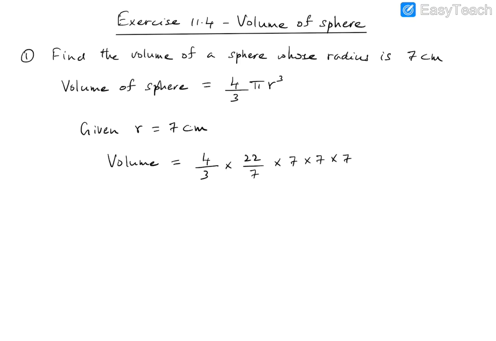We can have one of these 7s cancelling out the denominator 7. So on the numerator we have 4 into 22 into 7 into 7, which is 4312 when we multiply all the numbers on the numerator.